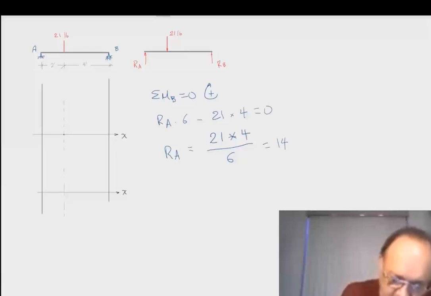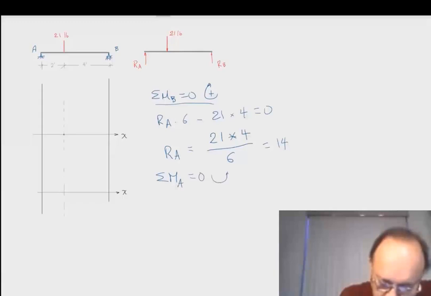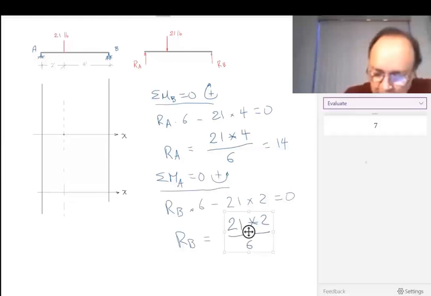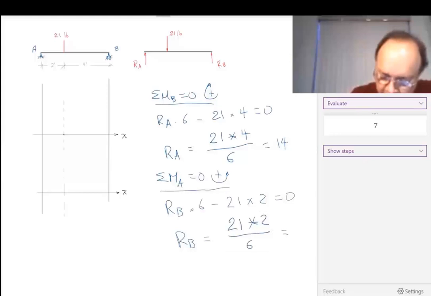And then I do summation of moments about point A equals 0, and we are going to do positive in this direction. So we have RB times 6 minus 21 times 2 equals 0. So RB equals 21 times 2 divided by 6, 7. You got 7?